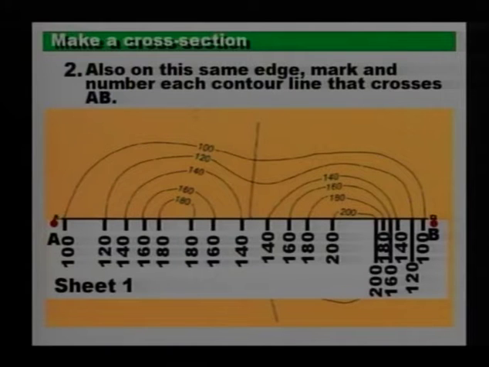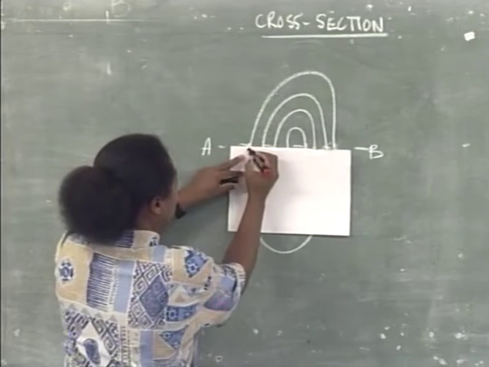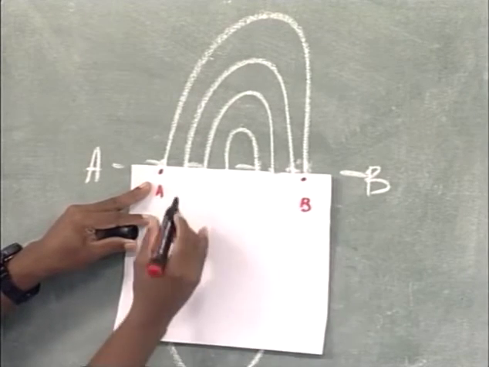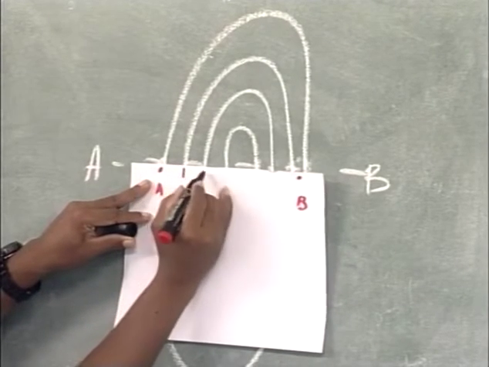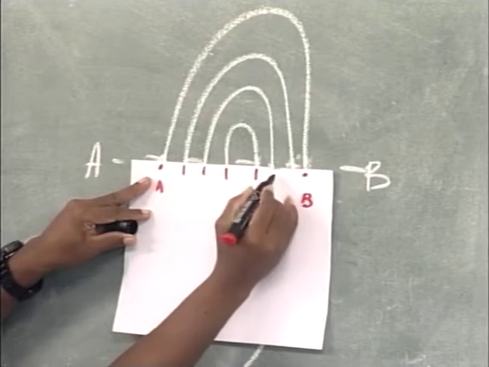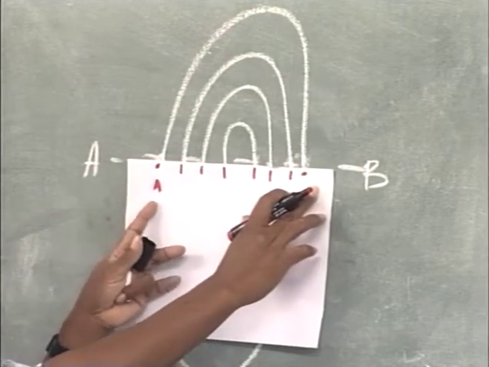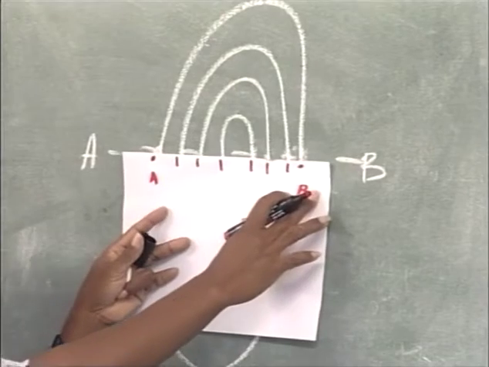So you place your piece of paper along the line AB. You have already marked point A. You've already marked point B. And now you mark every contour line which you can see that crosses along the points A to B.